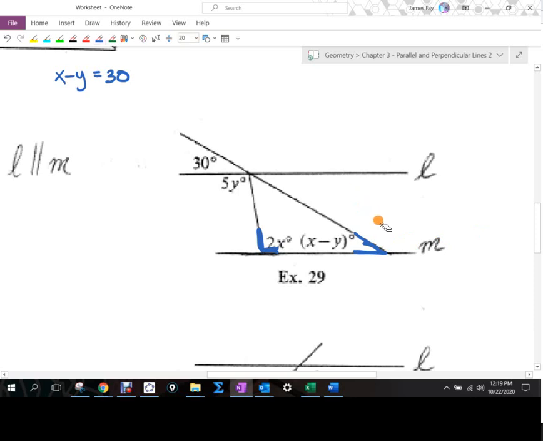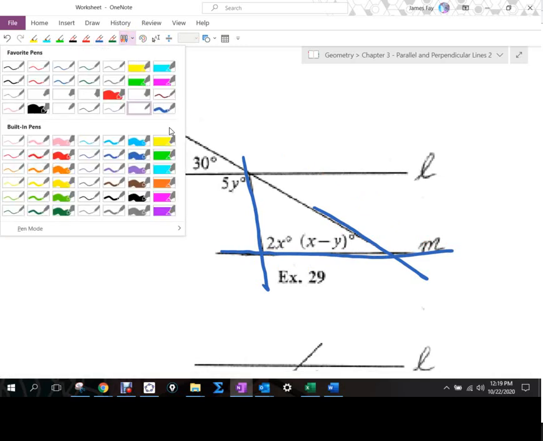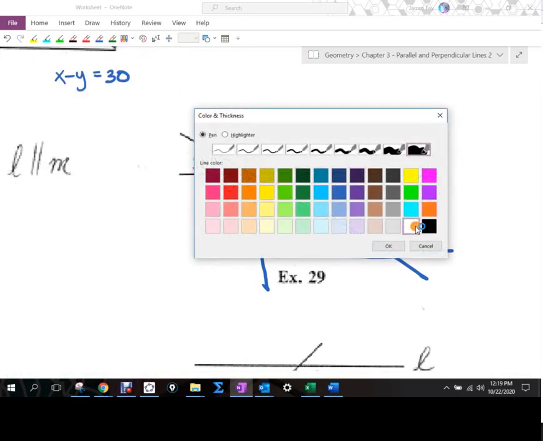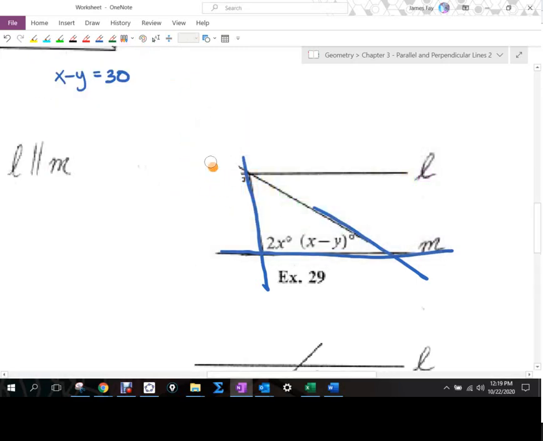Now, just be careful with this, because if we highlight the segments or the lines that make those, it'd be that one there, and then this would be my transversal. So if I just look at those, let me erase the other objects here. So we get rid of that, and that's what we would have, right?